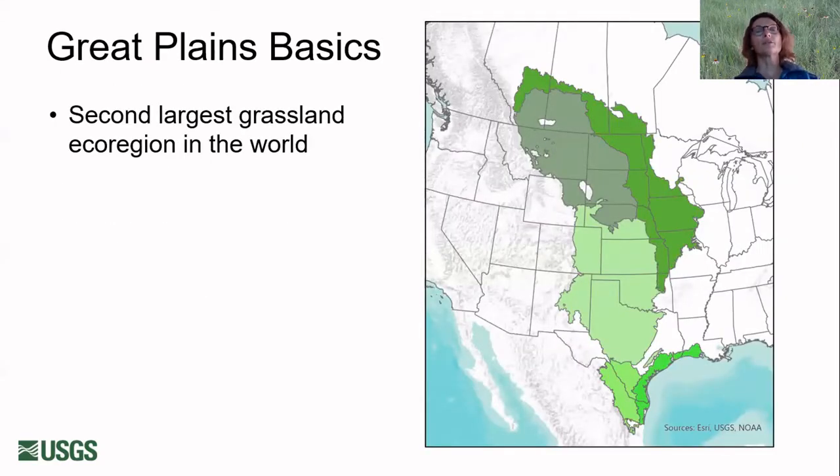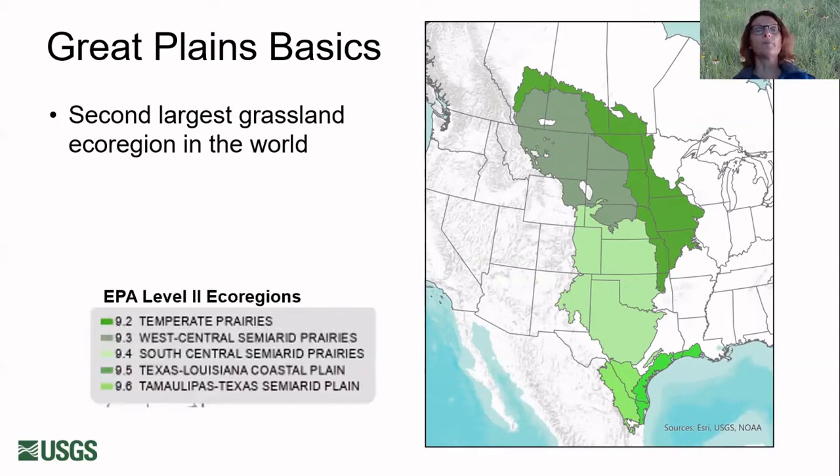So North America's Great Plains were the second largest grassland ecoregion in the world. And as you might expect with such a large area, the region hosts a variety of grassland types, and they're broadly categorized in this figure, which are type 2 ecoregions, as temperate, semi-arid, and coastal.